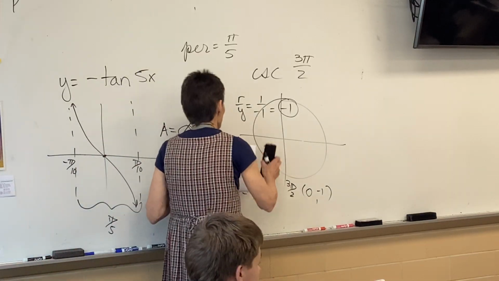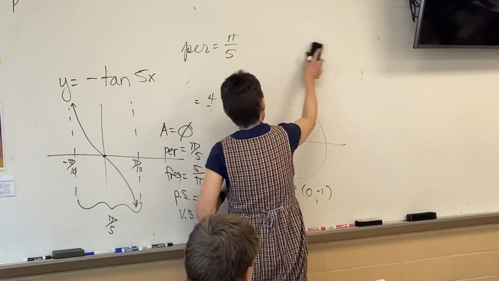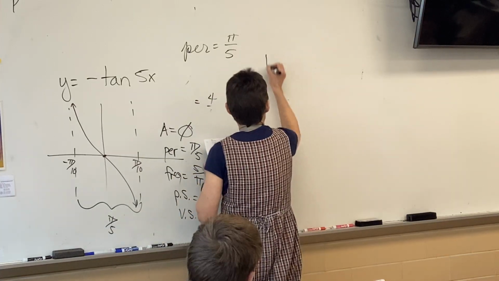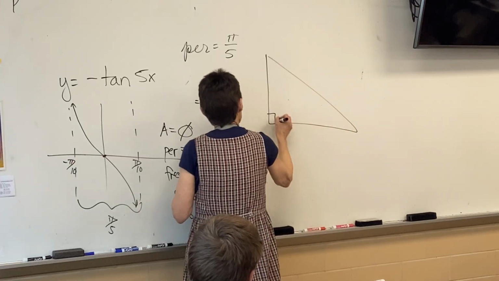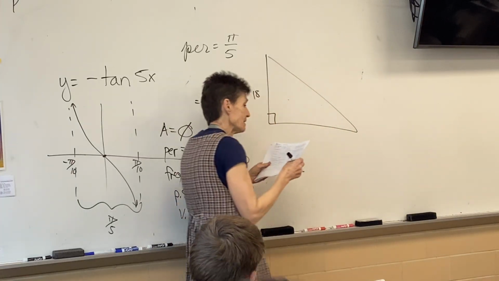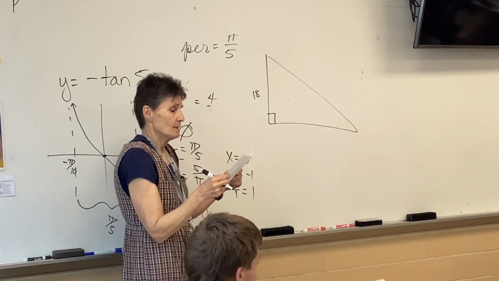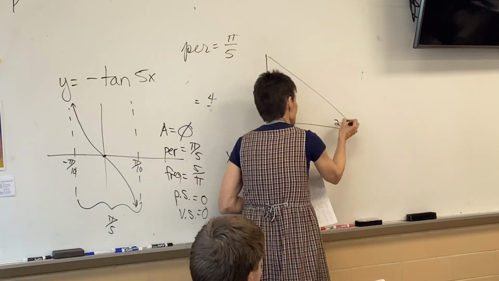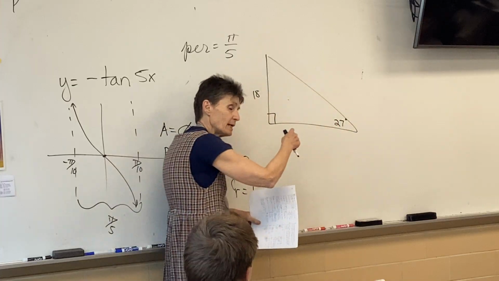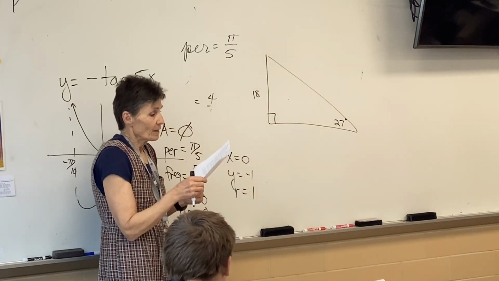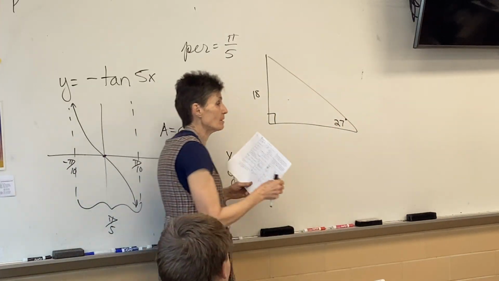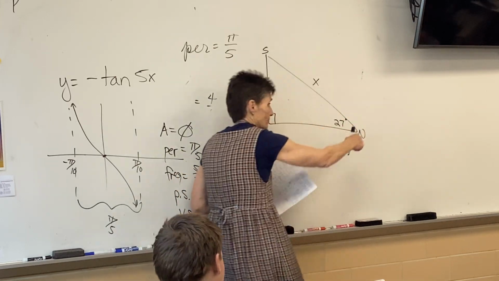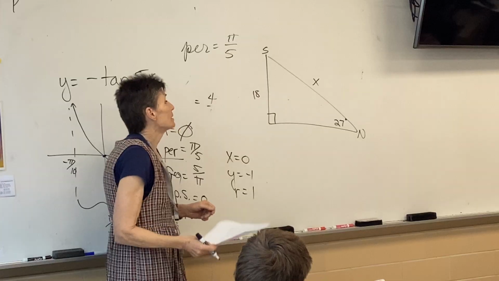Number 14. We have a flying squirrel on the top of a tree. The tree is 18 feet tall. His angle of depression is 27. That's where you're putting it. How far is the squirrel from the nut? Sine 27.